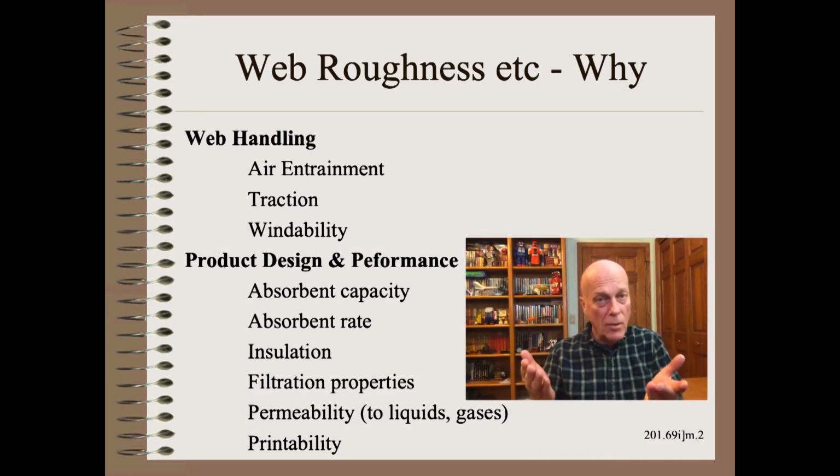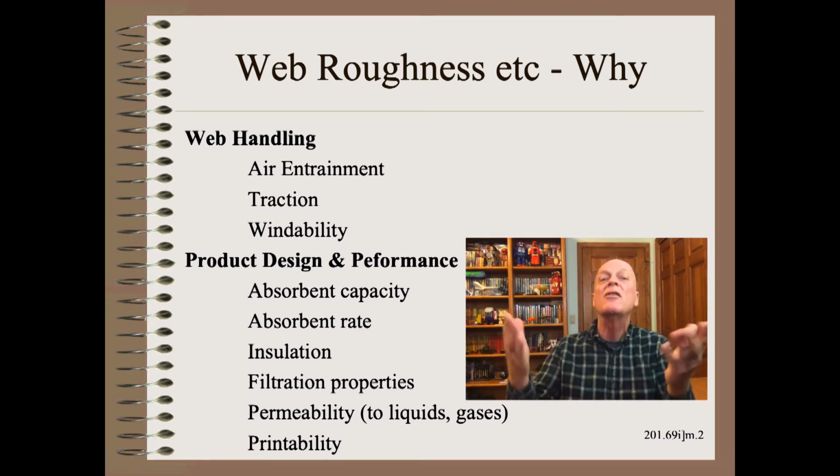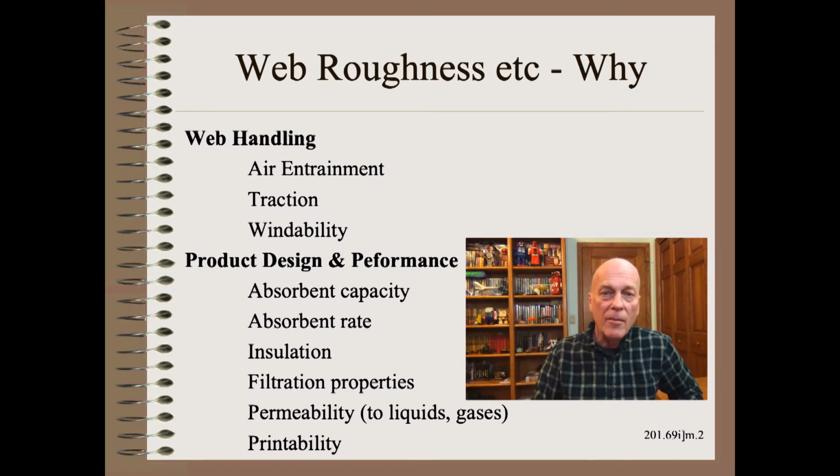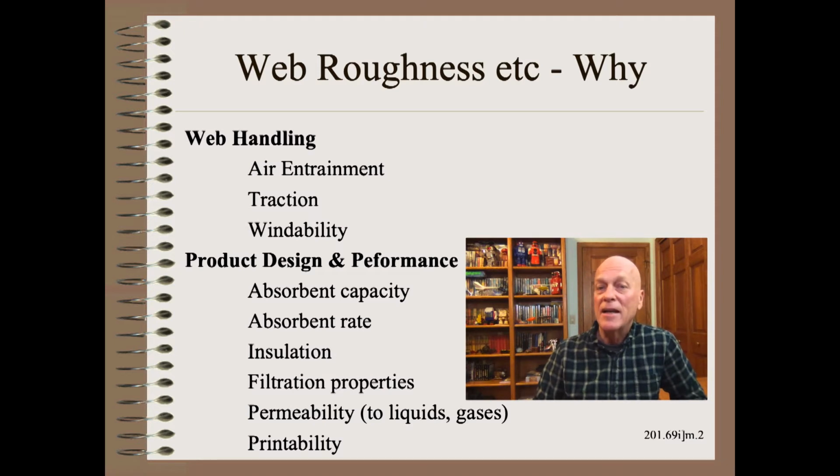For certain web products, roughness-related topologies are central to product performance. These would include, but are not limited to, absorbent capacity and absorbent rate, insulating value, filtration properties, permeability, printability, and many, many more.